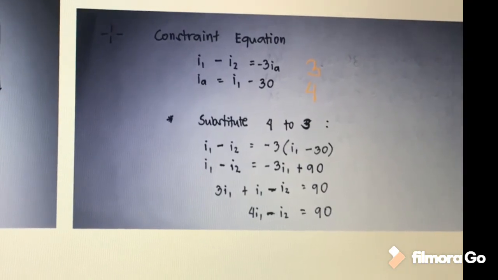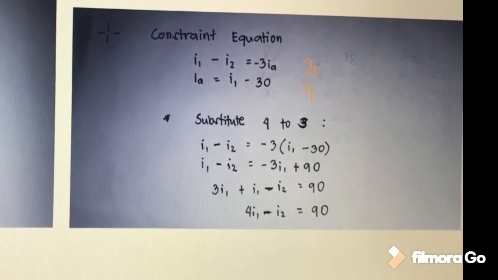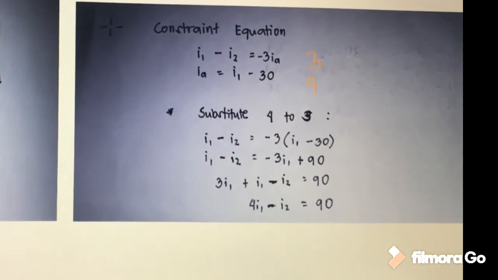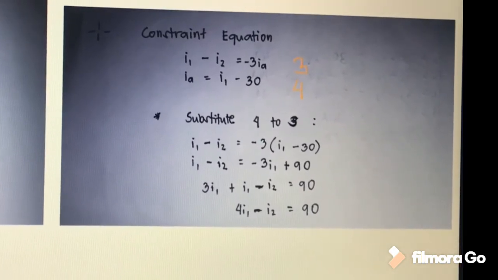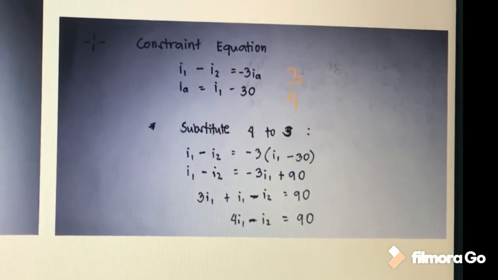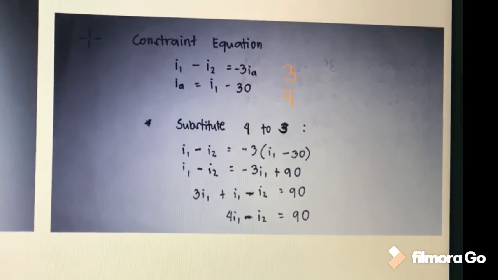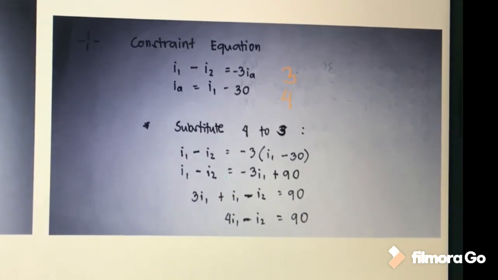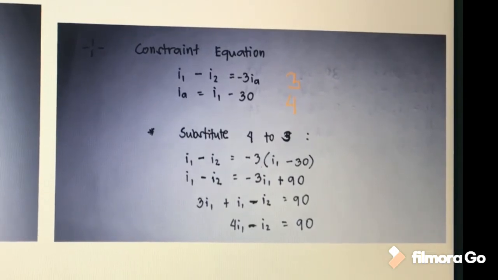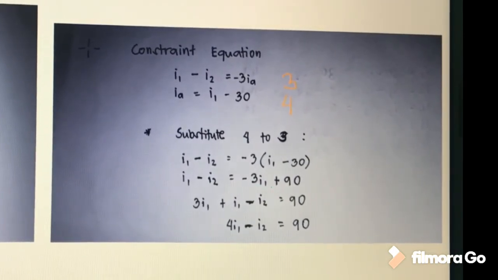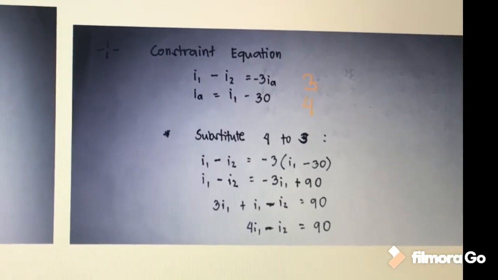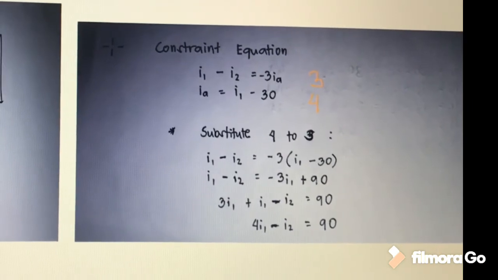So, next step is substitute equation 4 to equation 3. So, I1 minus I2 is equal to negative 3 multiplied by I1 minus 30. So just copy I1 minus I2 is equal to negative 3I1 because we multiplied negative 3 to I1. So it became negative 3I1. And then multiply negative 3 to negative 30. That's why it became positive 90.